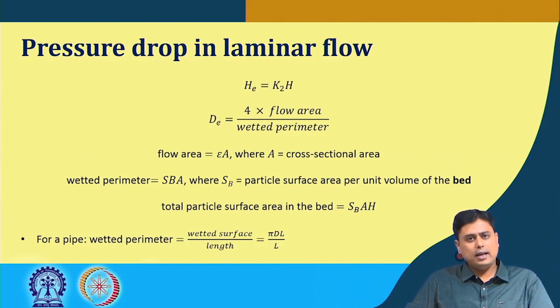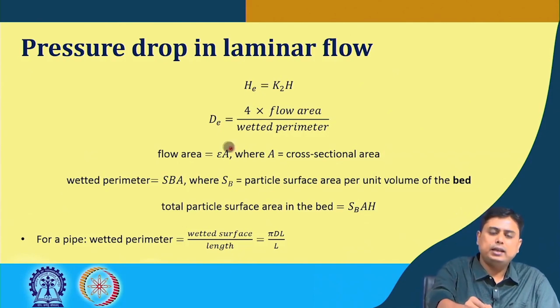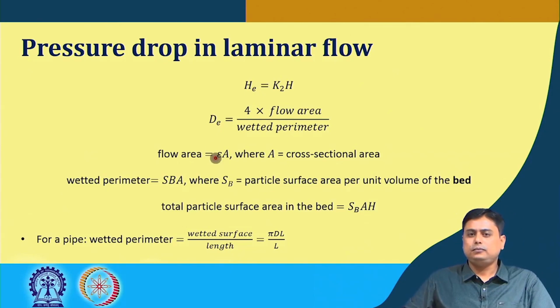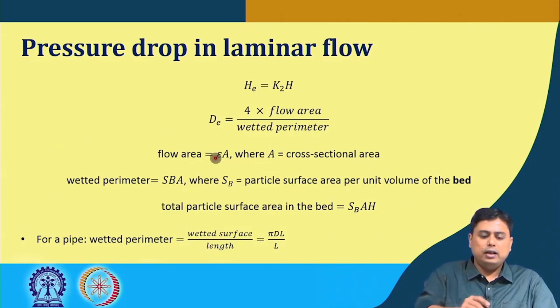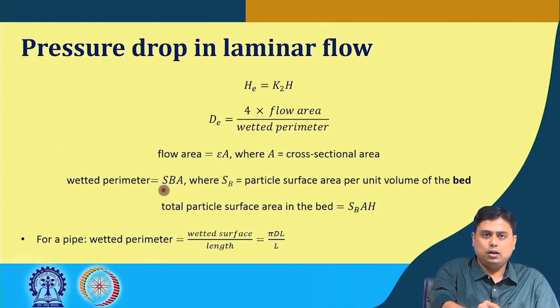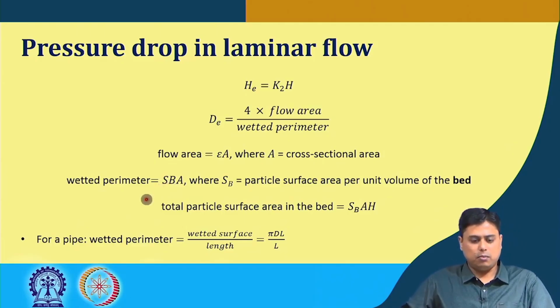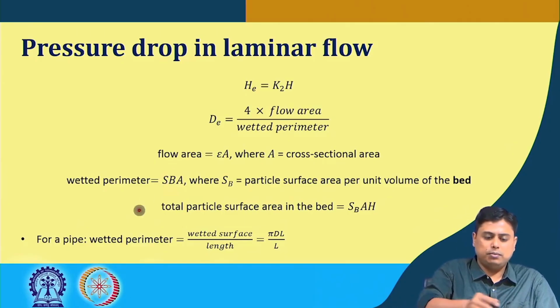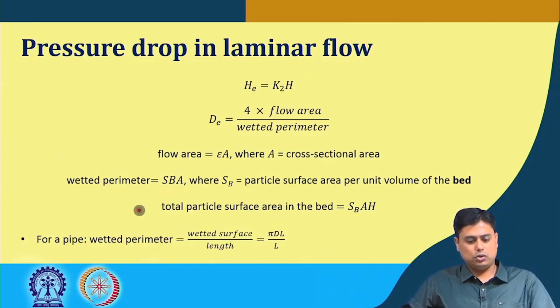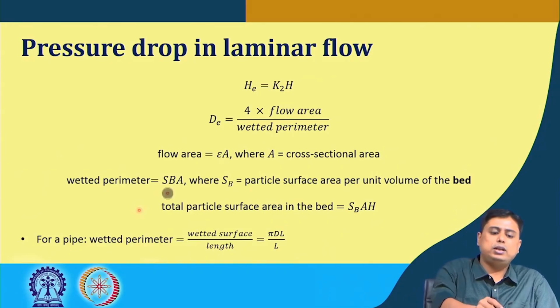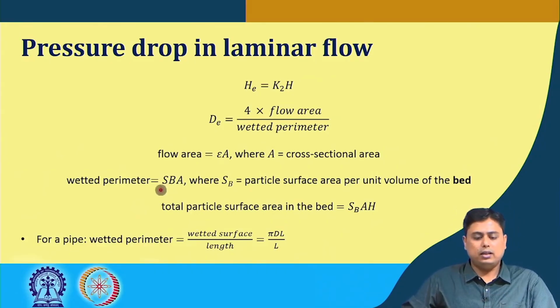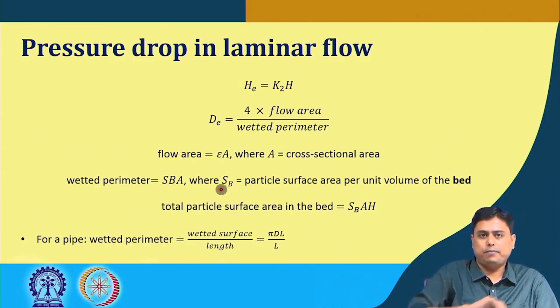So, this flow area is then epsilon A. The wetted perimeter is in the S subscript B. This B would come at the bottom due to something here that is not showing properly, but it is actually S B like it is written here.